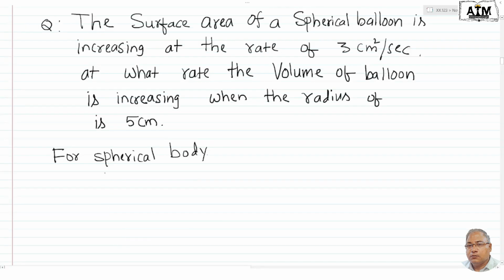For a spherical body, surface area is S equals 4 pi r square, and volume is V equals 4 by 3 pi r cube.